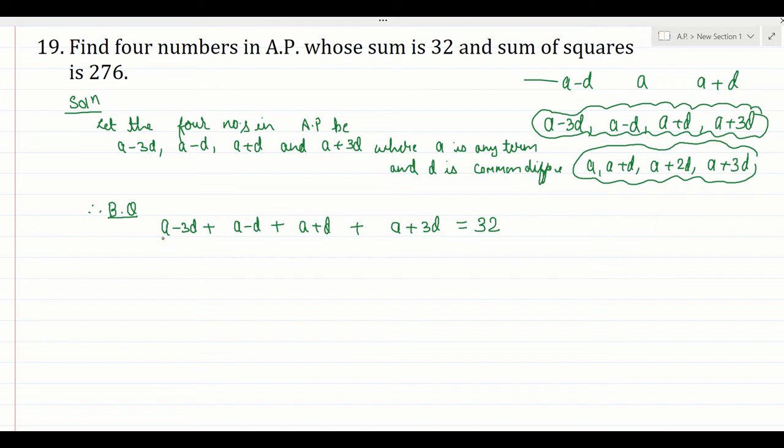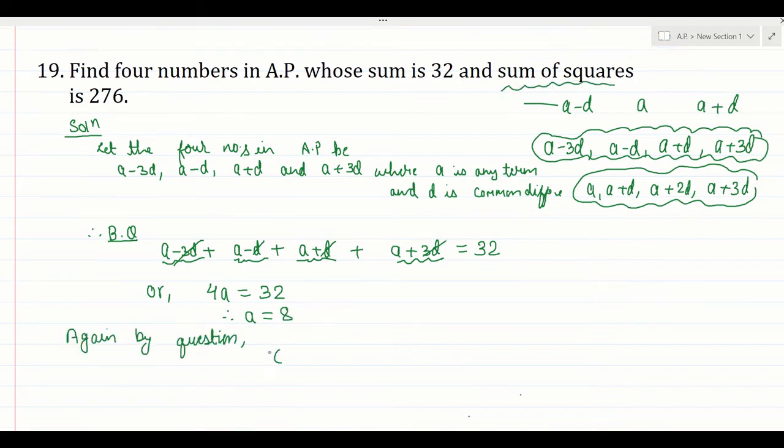The sum of four numbers means this number plus this number plus this number plus this number is 32, or minus 3d and plus 3d cancelled, plus d and minus d cancelled. Ultimately, we are getting 4a is equal to 32, which gives us a as equal to 8. Is this clear? Okay.